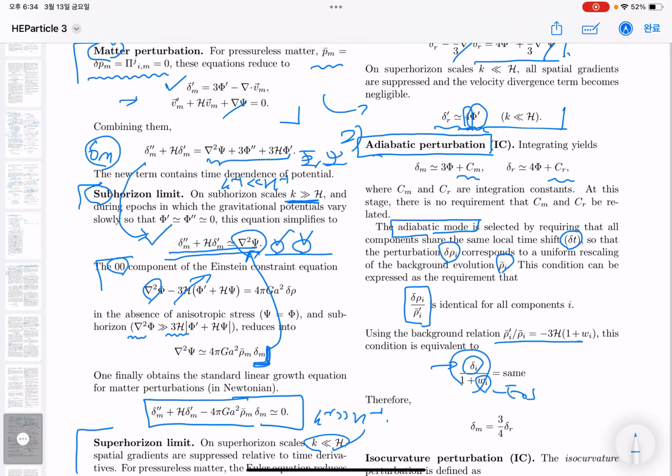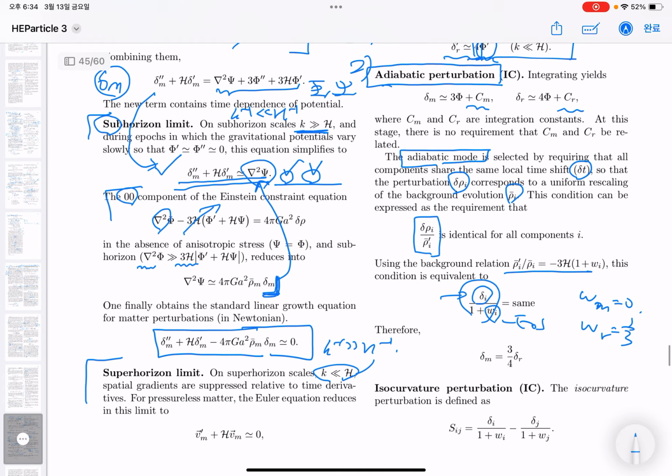So we know that the matter component has zero equation of state, and the radiation component has 1/3. So for the matter, it has 3 over δ_m, and for the radiation, it has 1 plus 1/3.